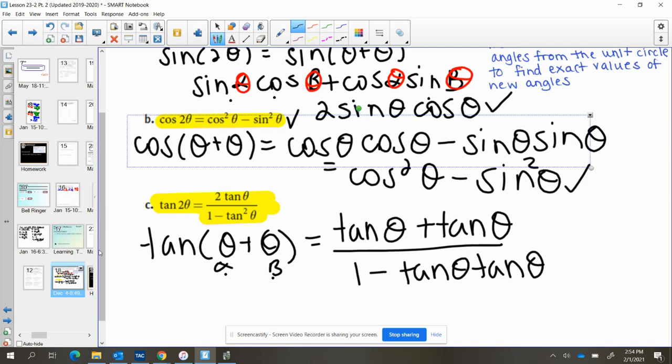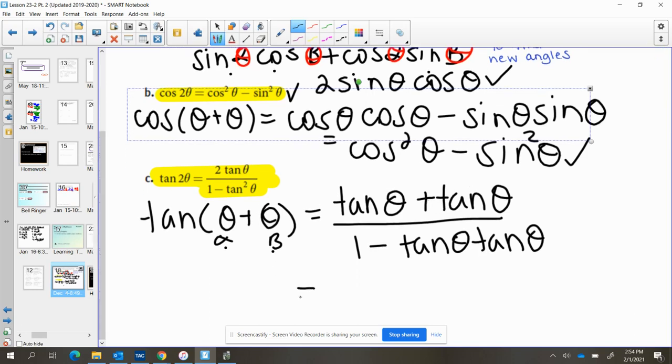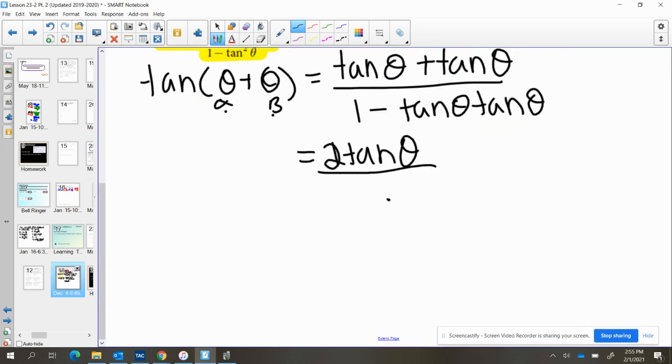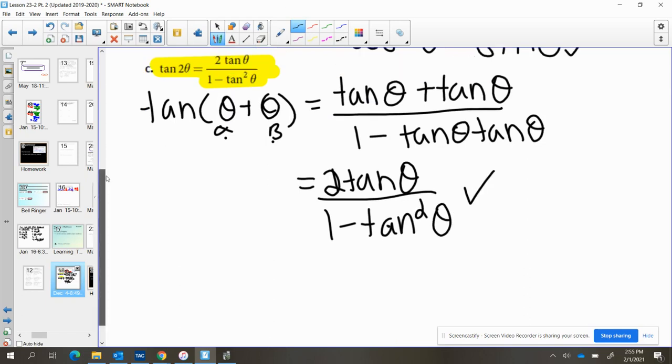Well, again, we can combine the tangent and the tangent to become 2 tangents after we add, and then all divided by 1 minus tangent squared theta, which again checks out to what we wanted it to up above, okay?